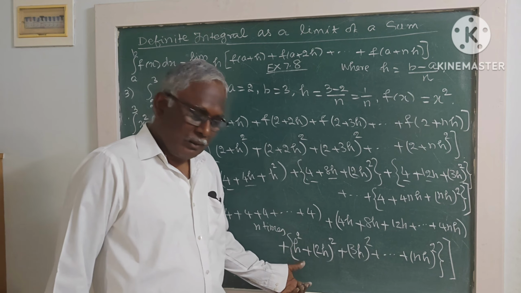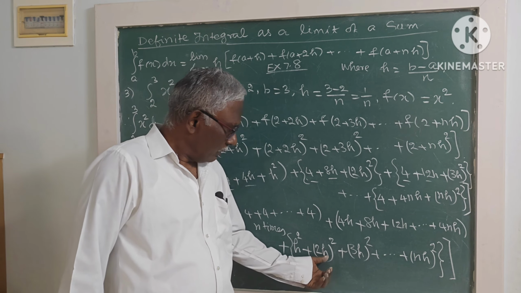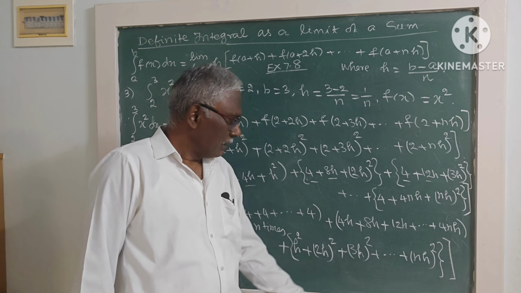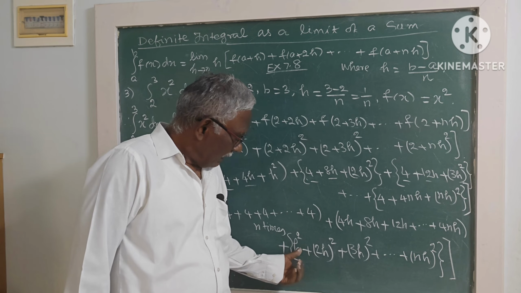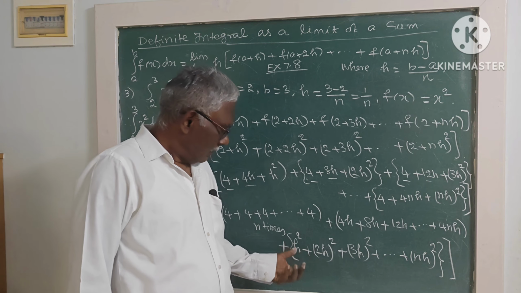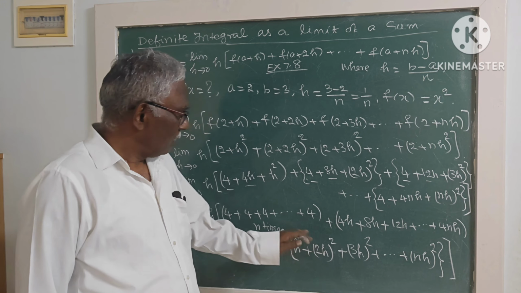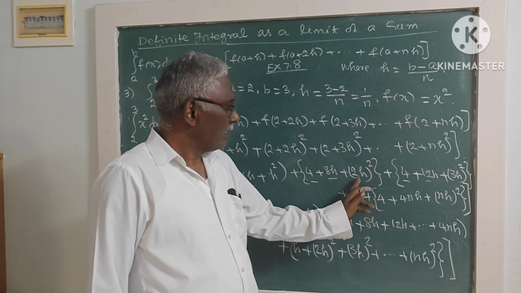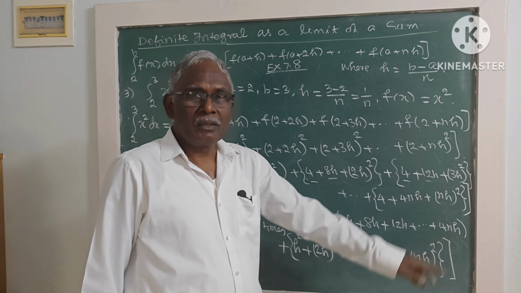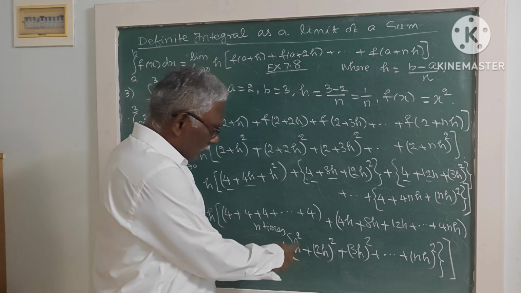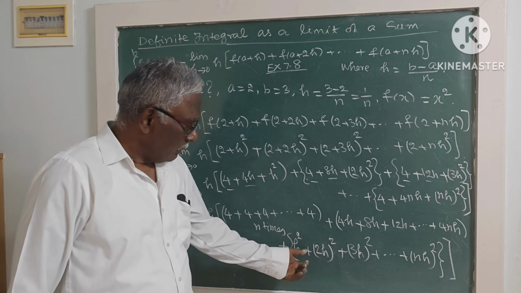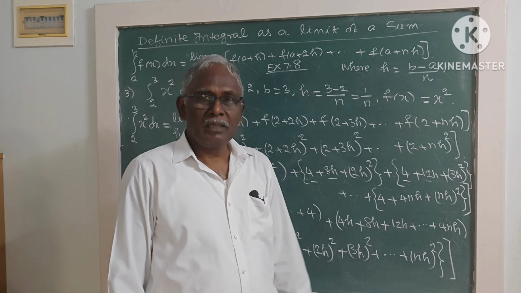So (1h) whole square plus (2h) whole square plus (3h) whole square, like that is written. Now we can take the h square outside, then it will become 1 square plus 2 square plus 3 square form. That's why I have not simplified here. And I have not written 4h square, 9h square like that, because this will come in this form: 1 square plus 2 square plus 3 square plus n square.